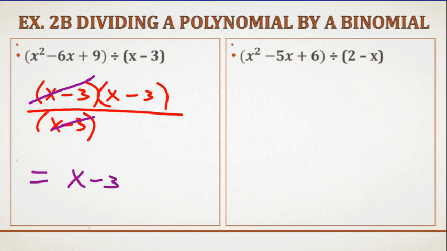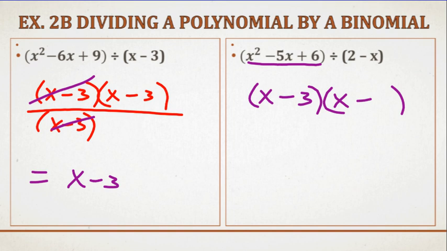So to start off, I'm going to factor this trinomial. So what do I multiply to get positive 6, but add them together gives me a negative 5? Well, I know 3 times 2 gives me 6, so a negative 3 times a negative 2 gives me a positive 6, but add them together gives me negative 5x.